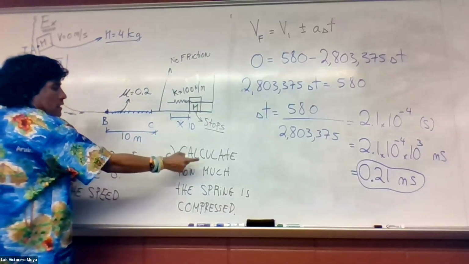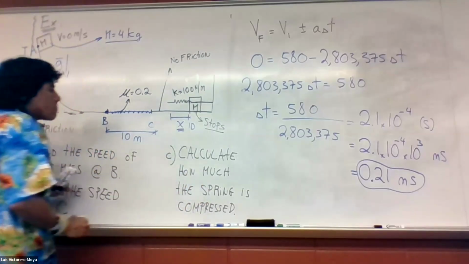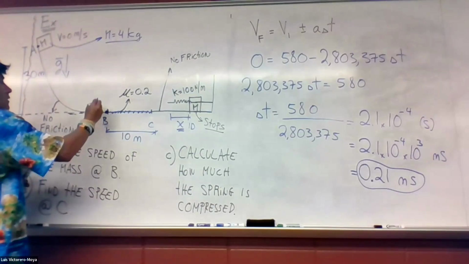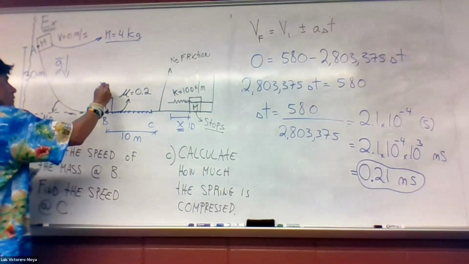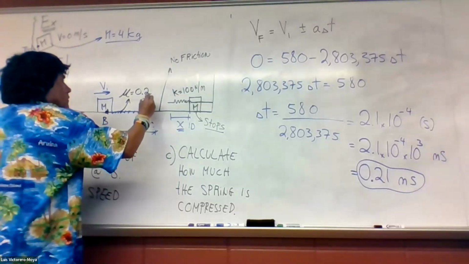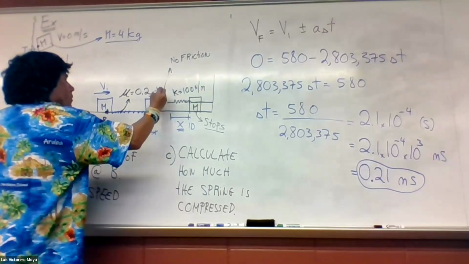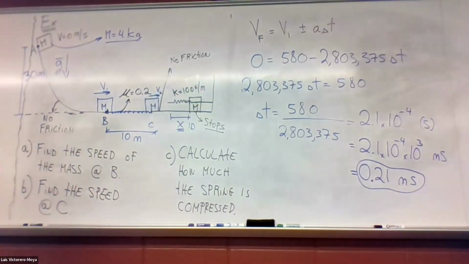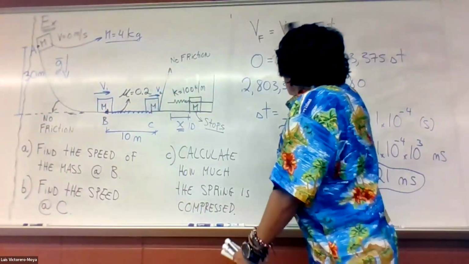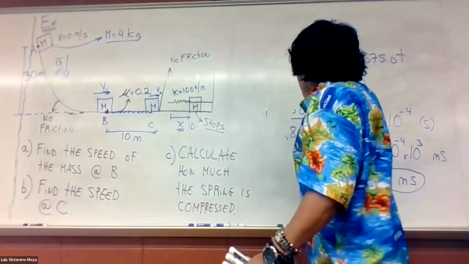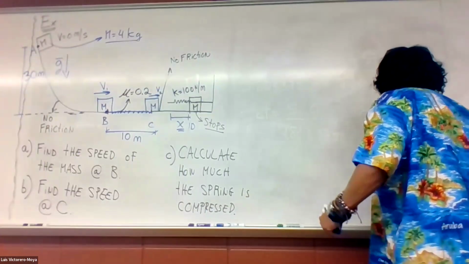You want to find that in here, how much the spring is compressed. And then, of course, you want to find V here and V here. It's a nice combination of everything we've done. Well, that's it. I'll give you some time to do it.